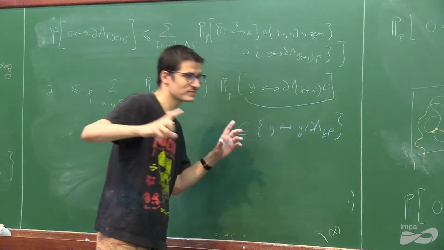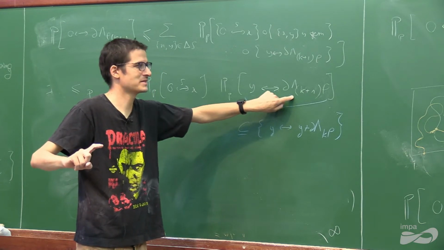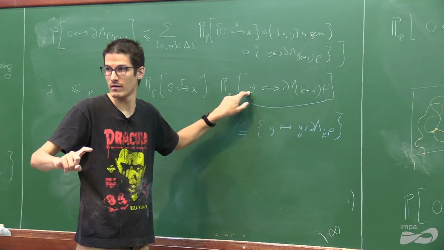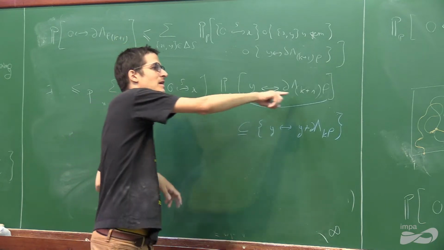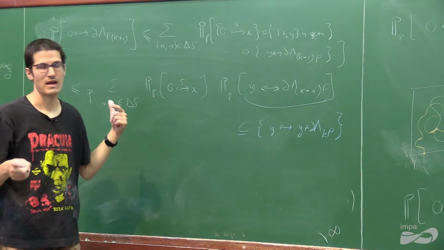Any point of this boundary is at least at distance KL from Y, because it's at distance K plus 1 L from the origin, and Y is at distance smaller than L from the origin.